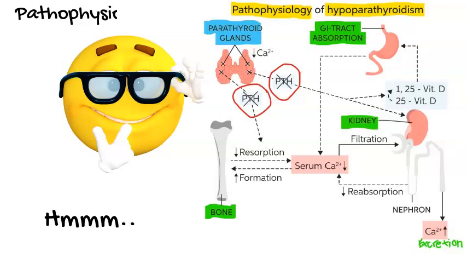There will be resistance to parathyroid hormone action, inadequate parathyroid hormone secretion, and decreased absorption of calcium in the GI tract, whereby the blood calcium will fall to a low level and muscular hyperirritability will occur, and the patient will present with uncontrolled spasm, hypocalcemic tetany.